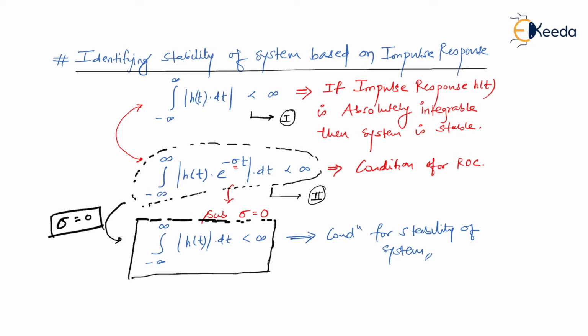Or I can say that the system is stable if ROC exists at sigma equal to 0. I repeat, the system is said to be stable if ROC exists at sigma equal to 0, or in other words, if ROC includes sigma equal to 0.